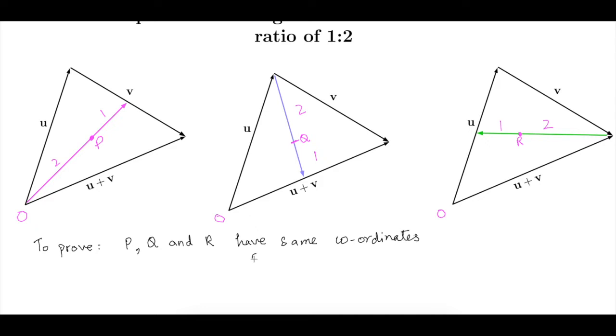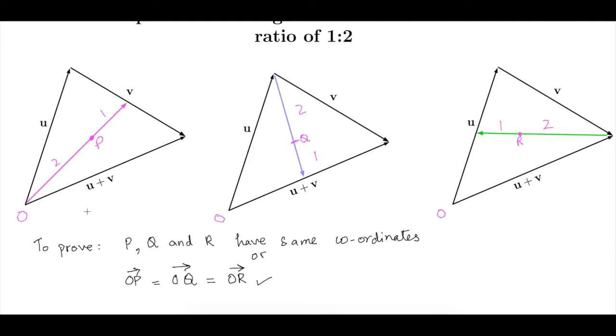In other words, I can also say that vector OP is equal to vector OQ, and this is also equal to vector OR. You can also prove it like that, and I will use this approach here. So let's take the first triangle.